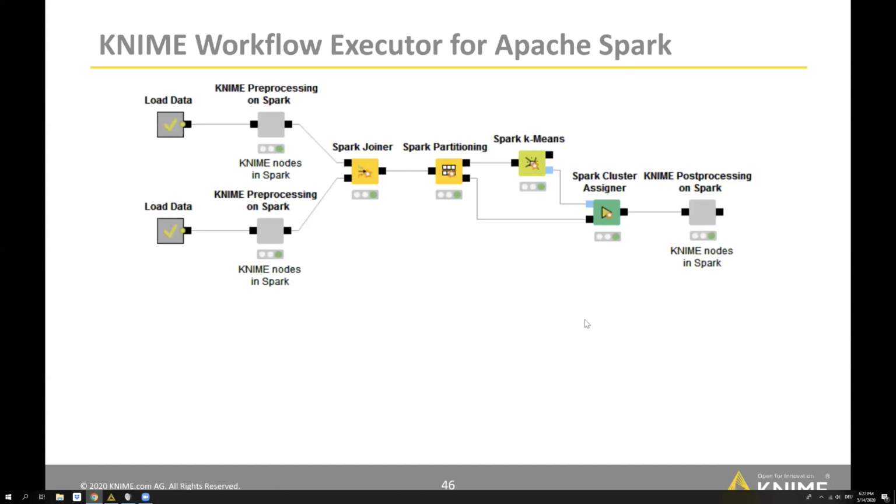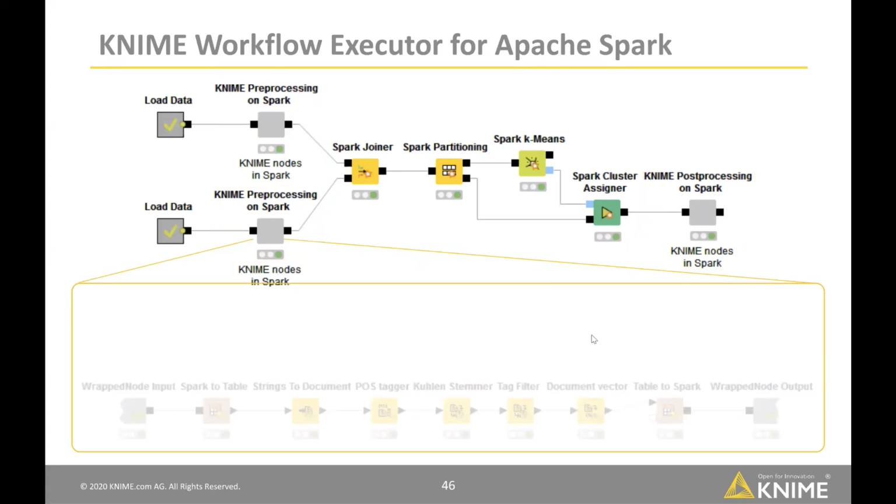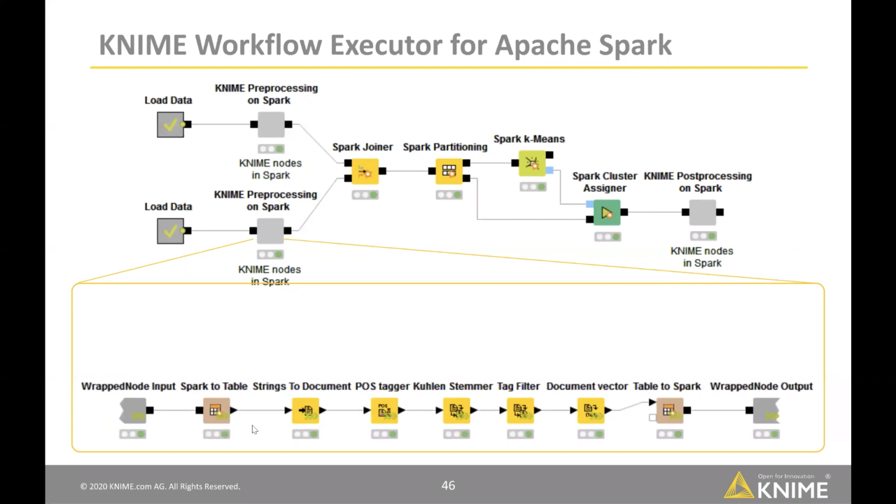With the KNIME Workflow Executor for Apache Spark, you can wrap your pre-processing steps in these component nodes. You need to structure the inside of that component in a certain way, so it needs to have an ingoing data frame and an outgoing data frame. Inside, the first thing you do is Spark to Table. In normal execution mode, this would download the data from the cluster into local KNIME, where you can apply all these different nodes.